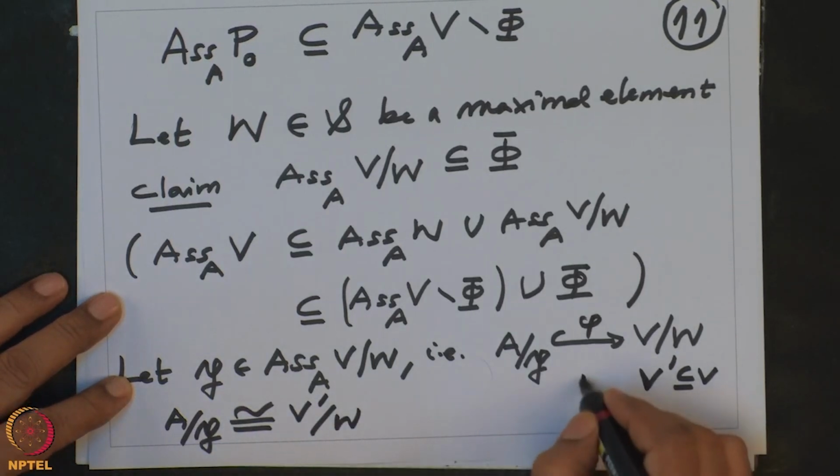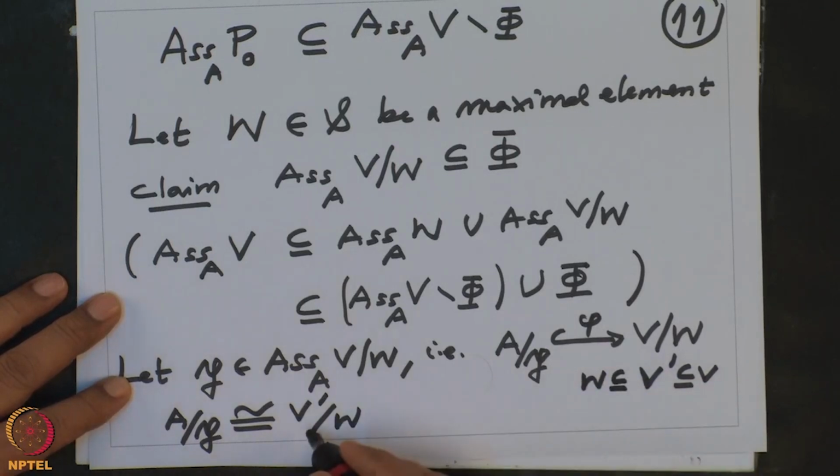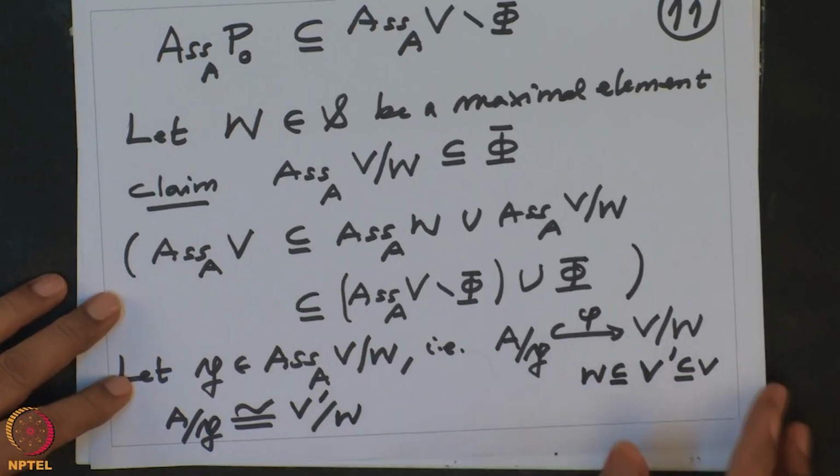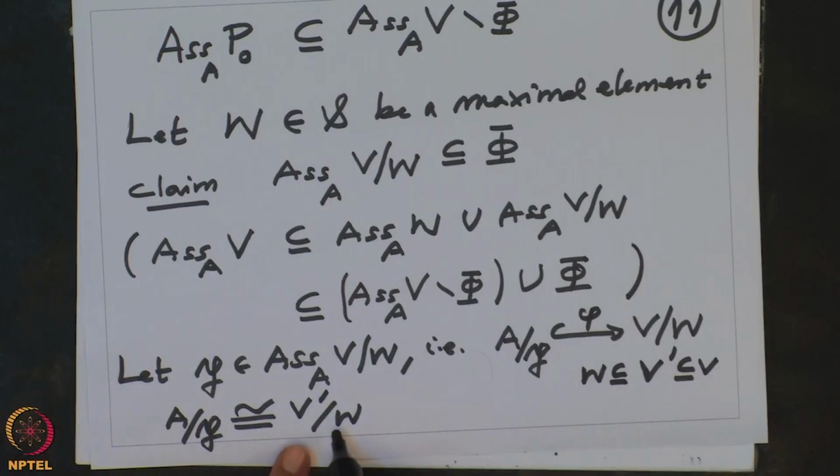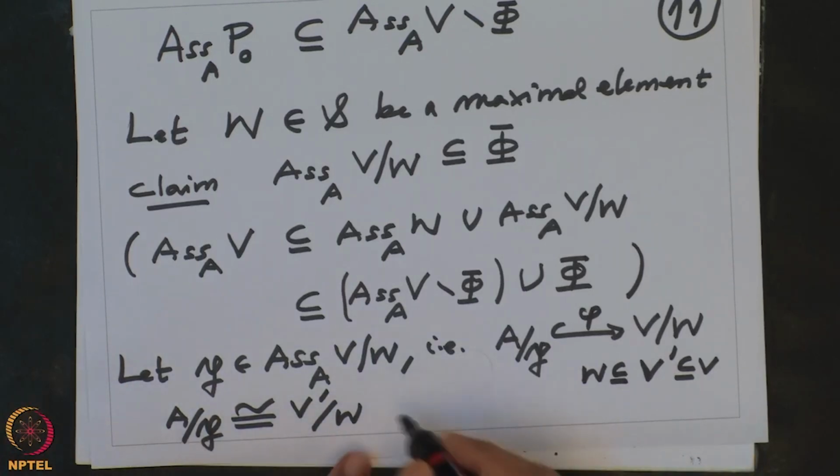So this is a submodule which contains W also. Now this quotient module is isomorphic to this.